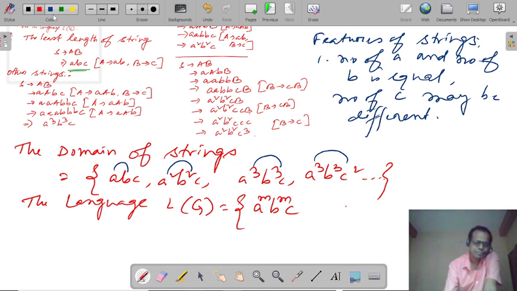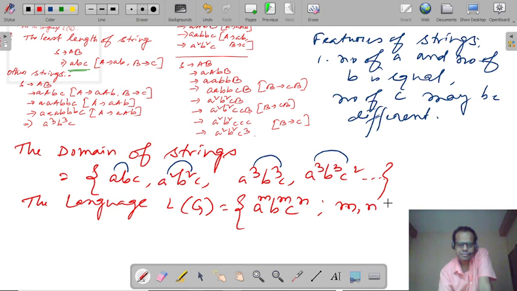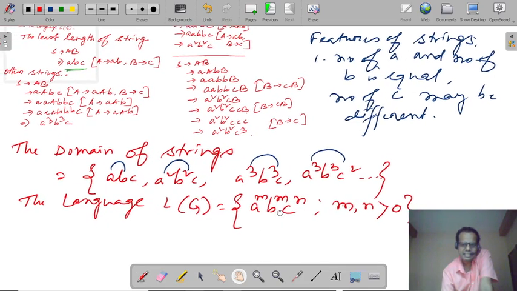And C to the power n, where m and n are greater than 0.